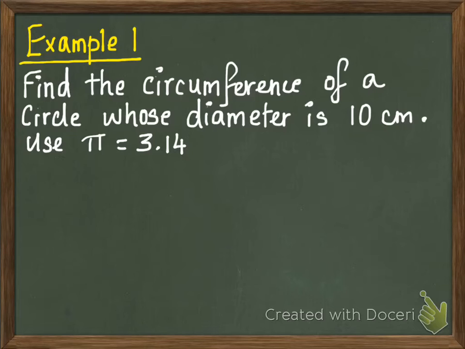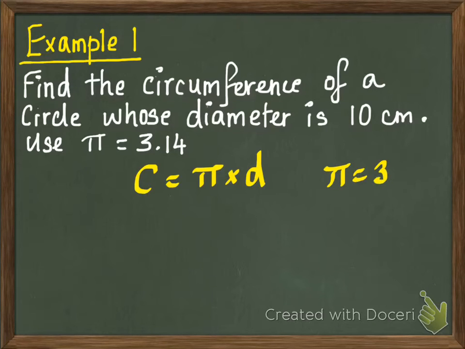Since the question is in diameter, we could use the formula C is equal to pi times d. Pi is equal to 3.14 is given, and the value for d is 10 centimeters. We simply plug in these values into the formula.